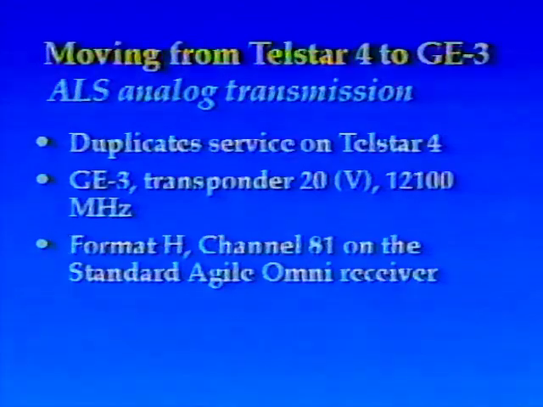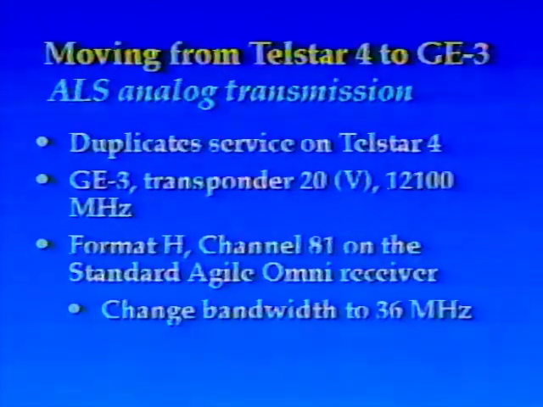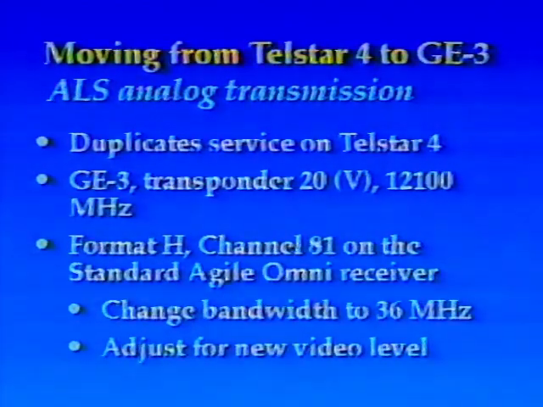On your standard receiver, it's format H channel 81. You're going to need to change the bandwidth. If you're already using a standard receiver to receive ALS on Telstar 4, you'll be changing the bandwidth to 36 megahertz, and you'll be adjusting for video levels, remembering that we're on a full transponder at this point. A few technical tips.